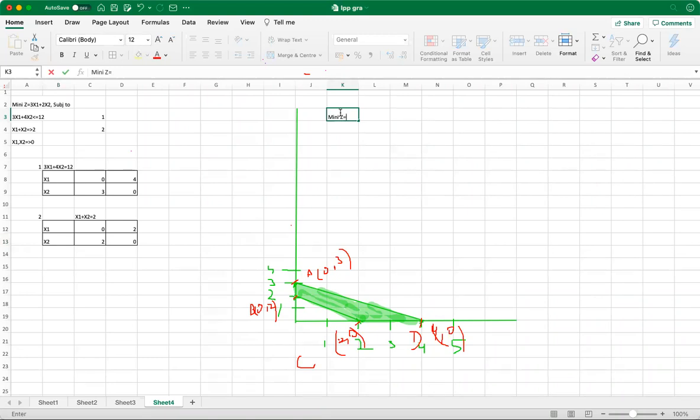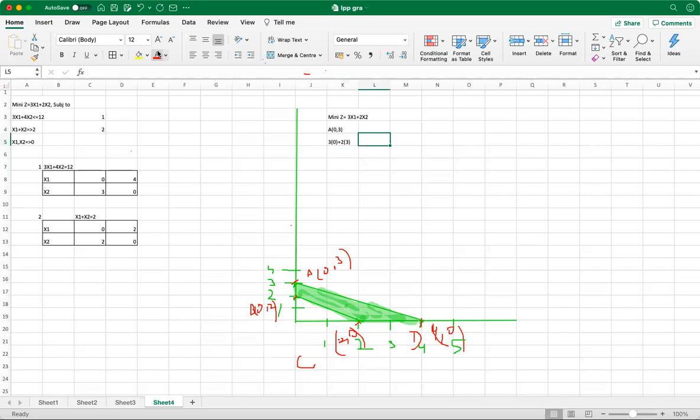minimize z equal to 3x1 plus 2x2. So first one, I will say A is going to be 0, 3, right? That is going to be 3 into 0 plus 2 into 3.